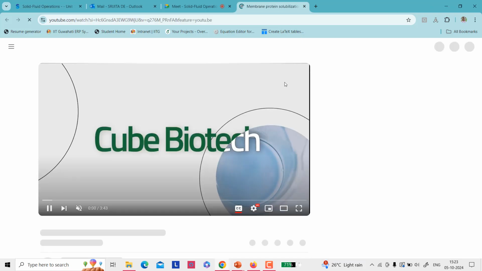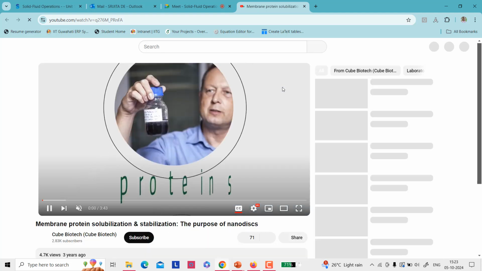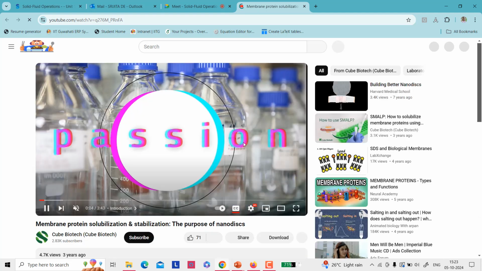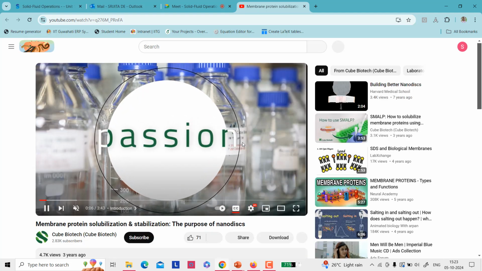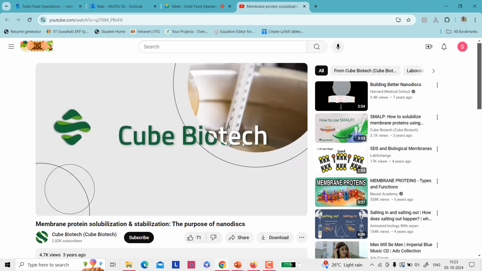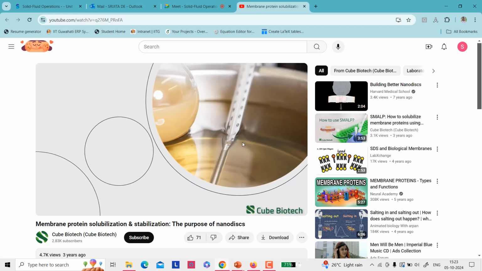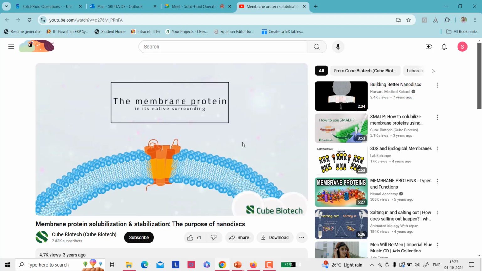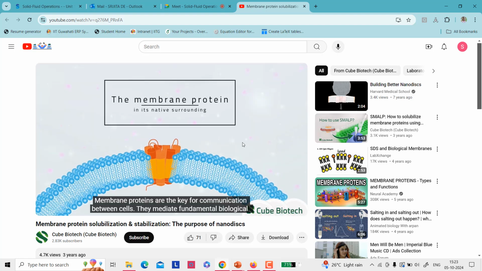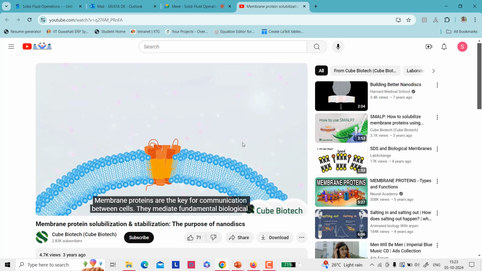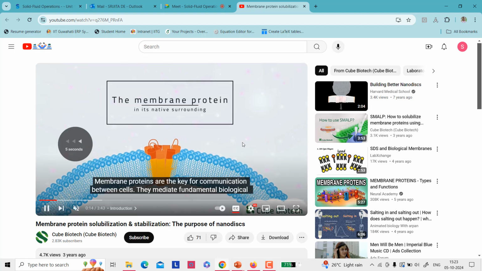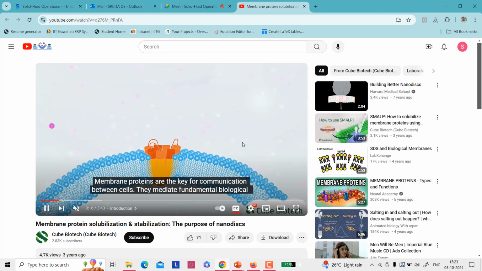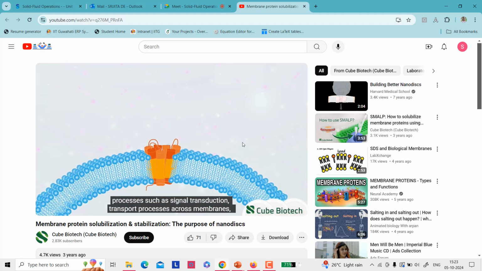This is the purpose of nanodiscs. Okay, so membrane proteins are the key for communication between cells. They mediate fundamental biological processes such as signal transduction, transport processes across membranes, sensing of chemical signals, and coordination of cell-to-cell interactions.